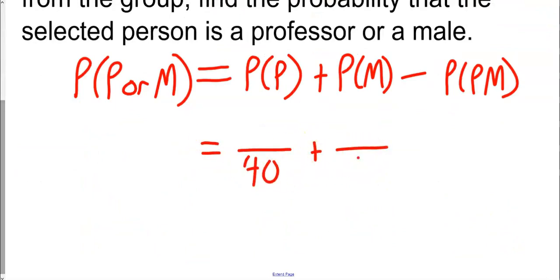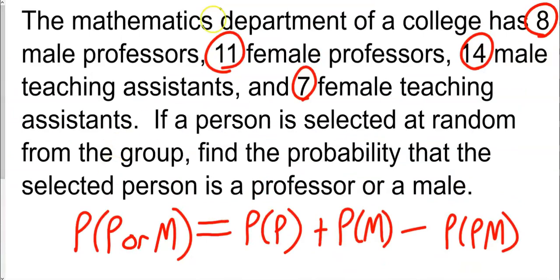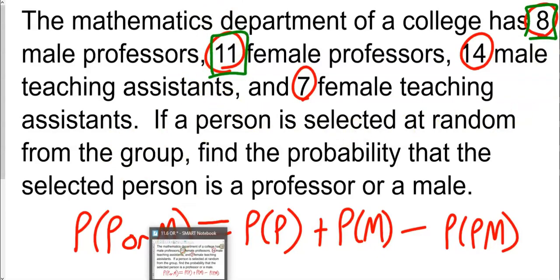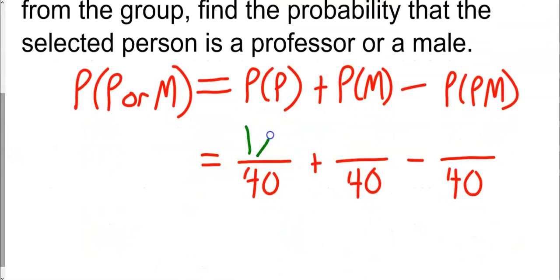So all of our denominators are 40. So now all we got to do is just get the top piece. So how many professors are there? Well, this one, got to be careful because now you got to take 8 and 11 and put those together because there are male professors and female professors. And if you take 8 and 11 and put that together, you get 19.